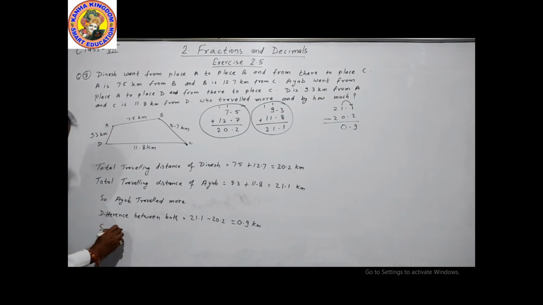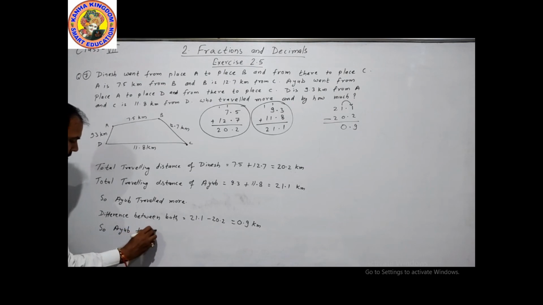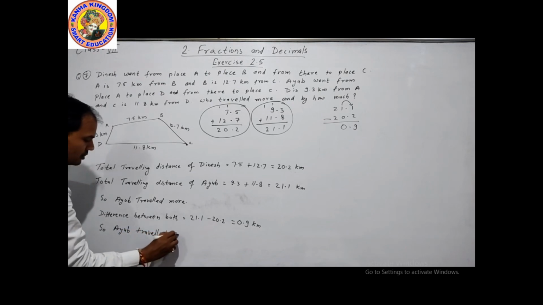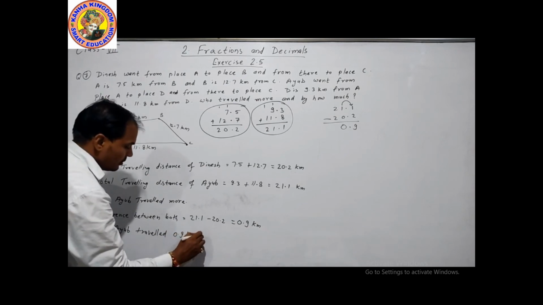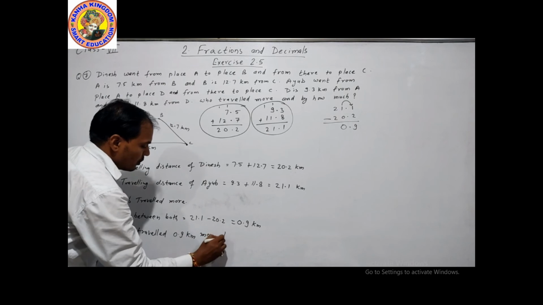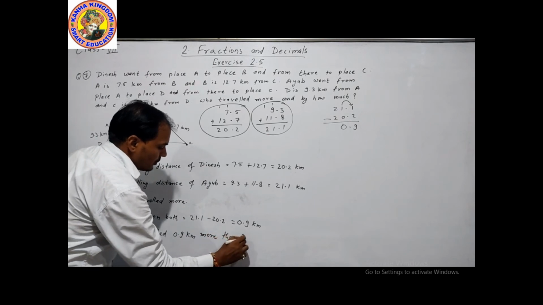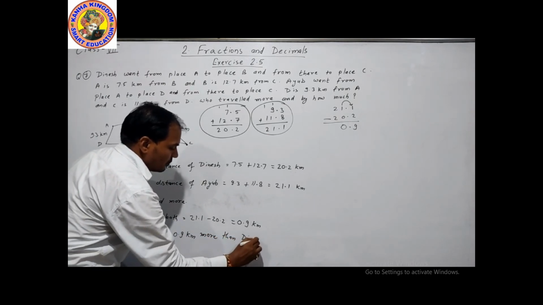So Ayub traveled 0.9 kilometer more than Dinesh.